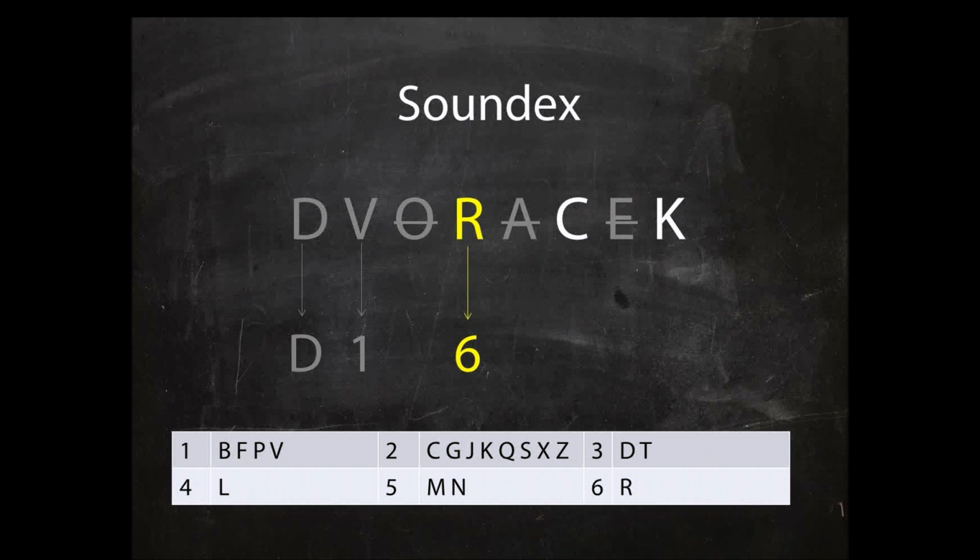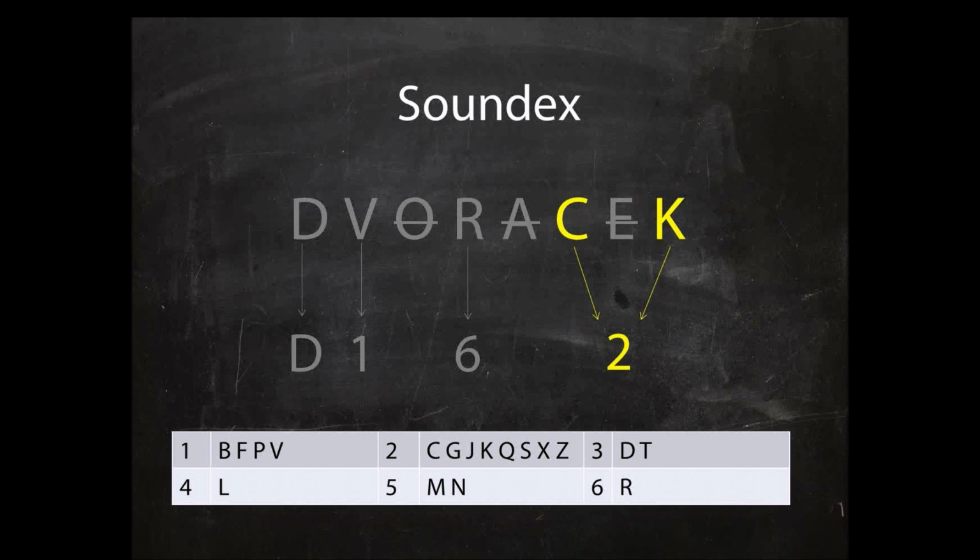So American Soundex ignores vowel sounds. Since the next letter is a vowel, I'm going to take it out. In fact, I'm just going to go ahead and take out all the vowels right now. The next consonant is an R. That's the only member of category 6. So the next number is 6.